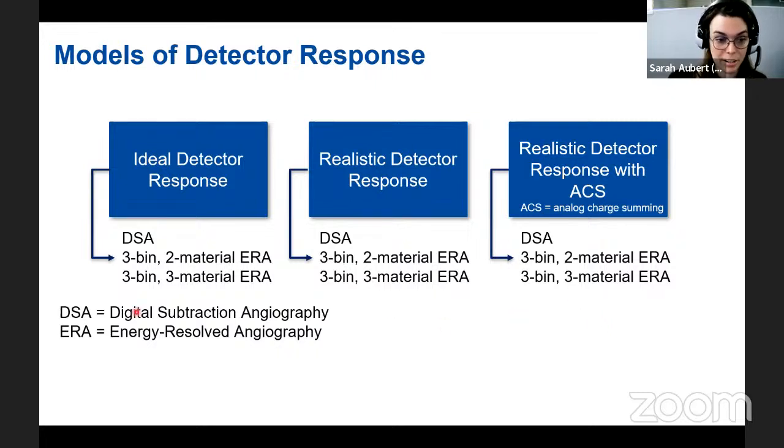This last one, the 3-bin, 3-material approach, would allow us to use the photon counting detector to generate an iodine-specific image by removing both bone and soft tissue, like we see in DSA. We did this for both ideal and realistic detector responses, and we also incorporated that anti-coincidence ACS, which I'm going to go into a little bit more detail in the next few slides.